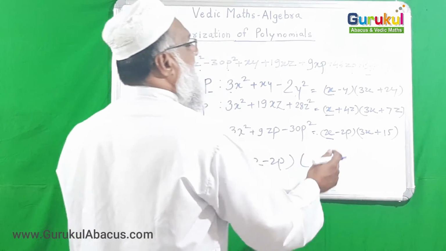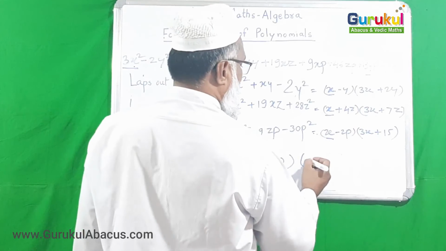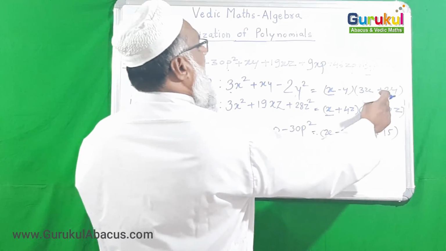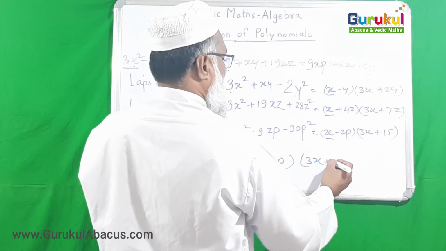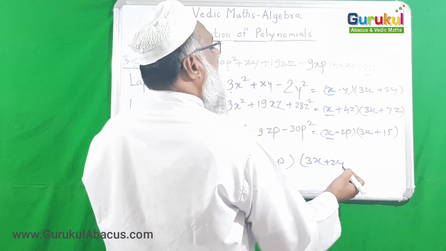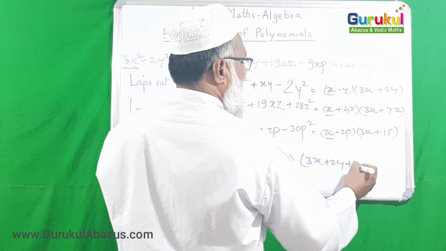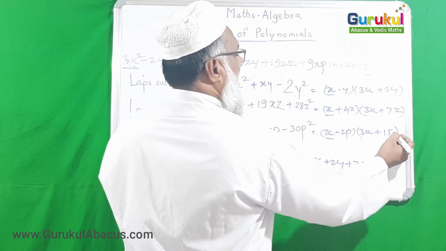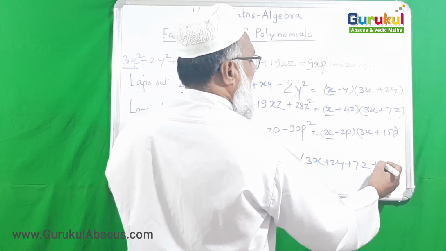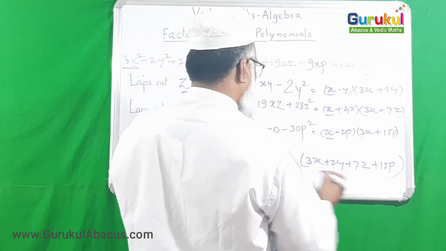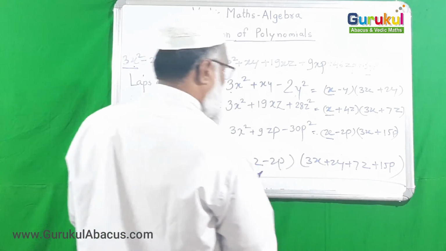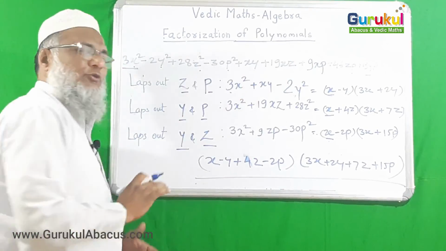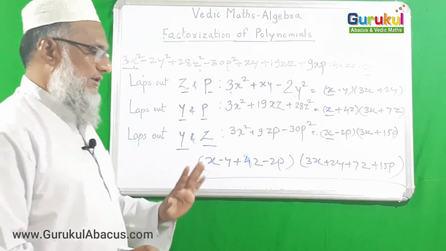In the second factors you can see 3x, 3x, 3x, which is common, so take that first. Then take plus 2y, plus 7z, and plus 15p. That's it. This and this are the two factors of this big polynomial. In that way we can solve this example.